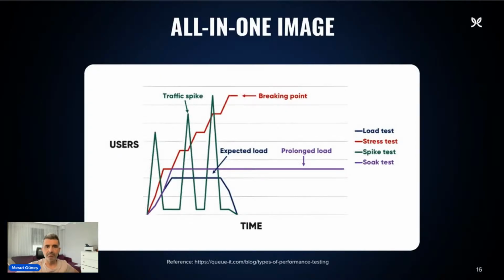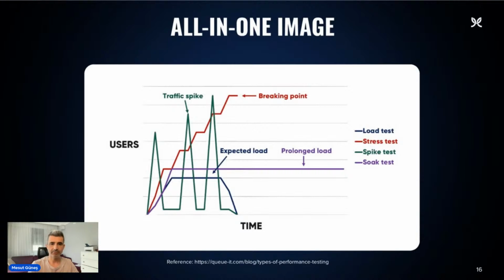Let's see all of the performance testing types again in one screen, one image. As you can see, within the three criteria, the load, the increase of the load, and the duration of the load are the three criteria that we can use to give a name to a specific load testing.